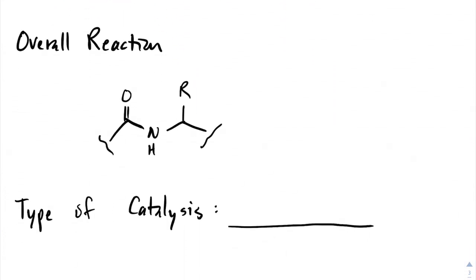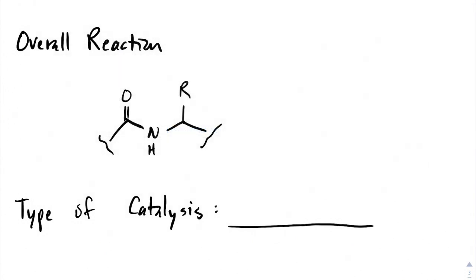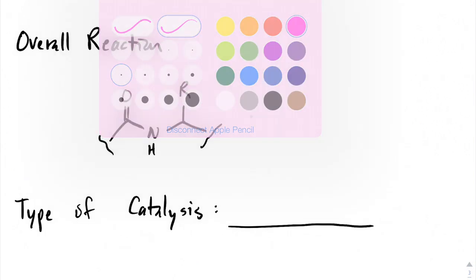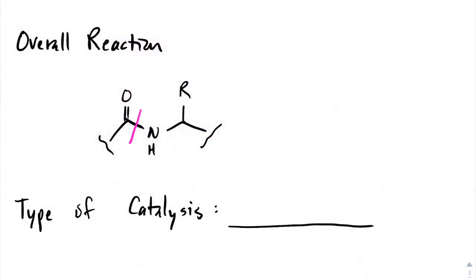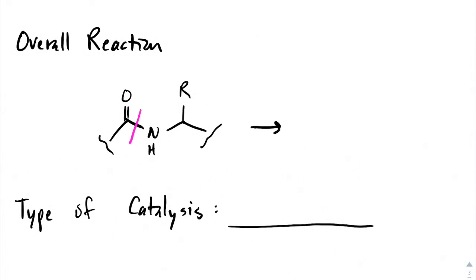So the overall reaction of chymotrypsin is to take this peptide bond and break it. So it'll cleave this bond right here. So what it'll do is that it'll produce something that looks like this.